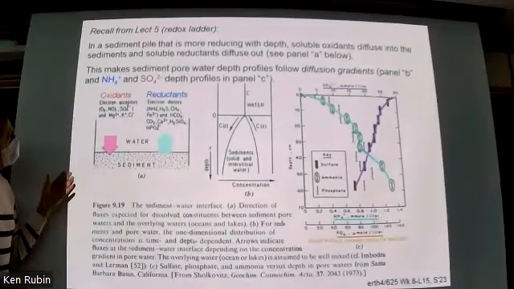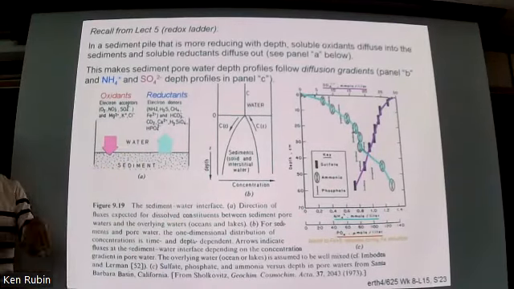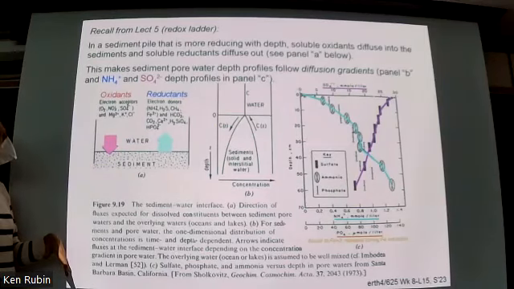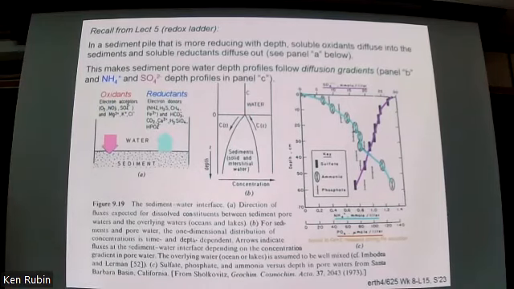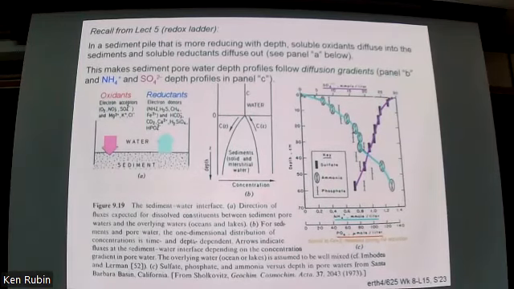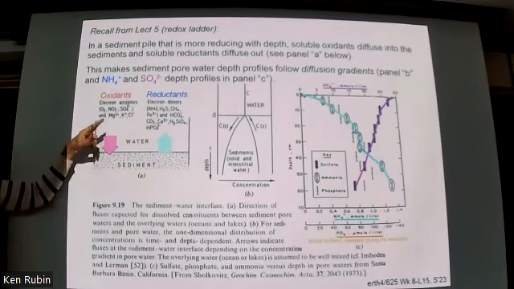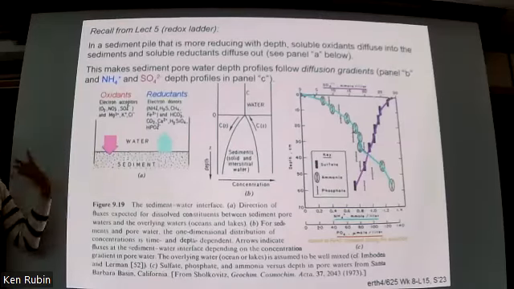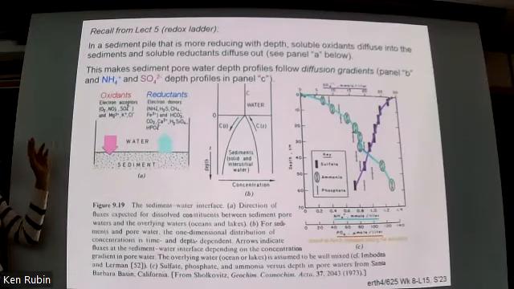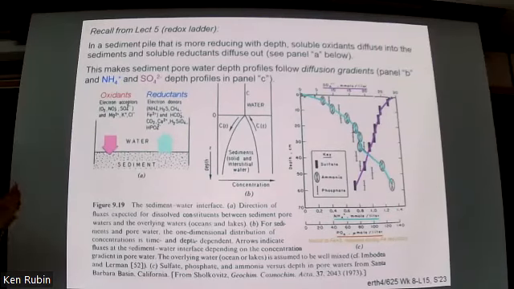If you look over here, you can see the list of elements that might diffuse in one direction or another across the sediment-water interface. So things that diffuse into sediments are oxidizing agents, things that are used on the redox ladder, like oxygen, nitrate, sulfate, etc. Plus some other elements that are consumed in sediments for other reasons, like the formation of carbonate minerals consuming some magnesium, and the sticking of potassium on the clay particles consuming some potassium.